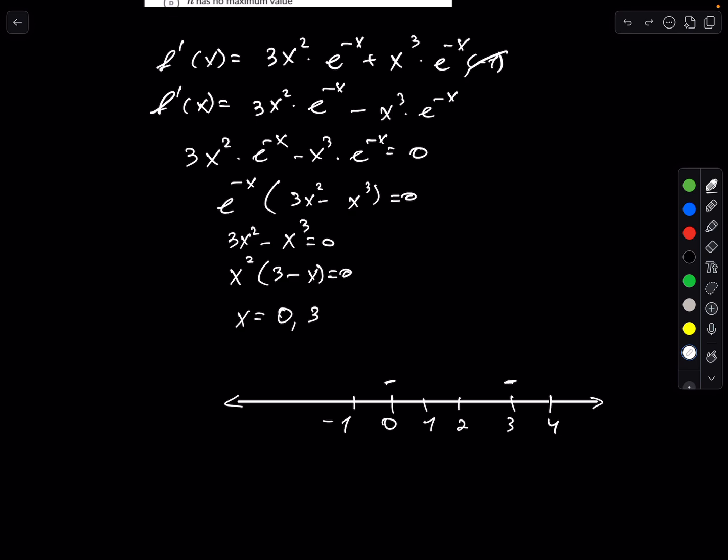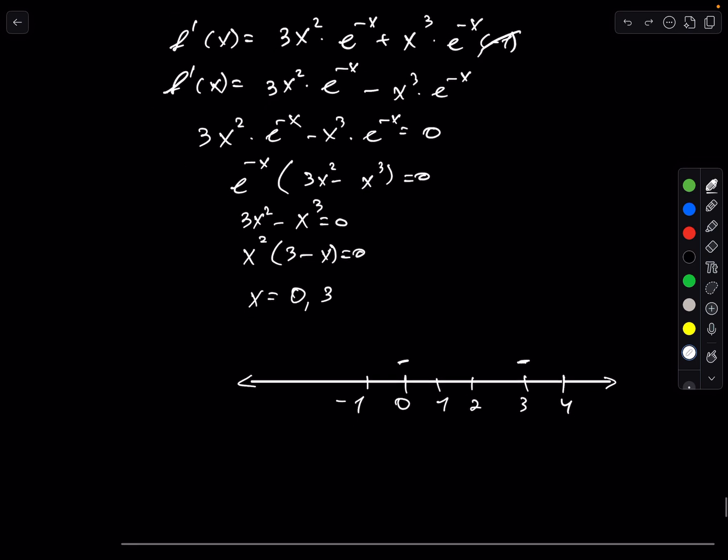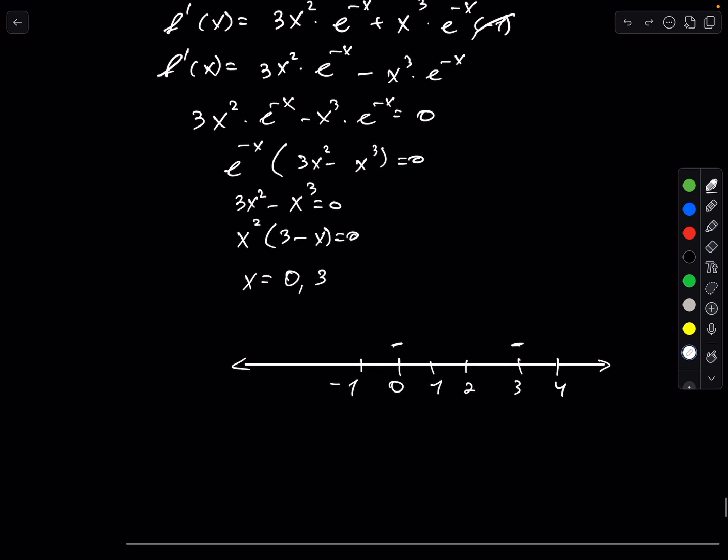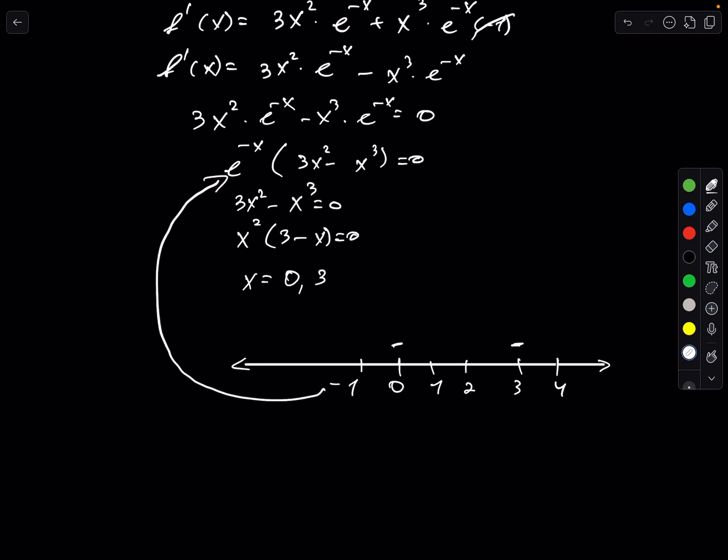Then let's start from the left. So if we plug in negative 1, we should get, right over here, just e times 3 minus 1, which is equal to 4e, so it's positive.